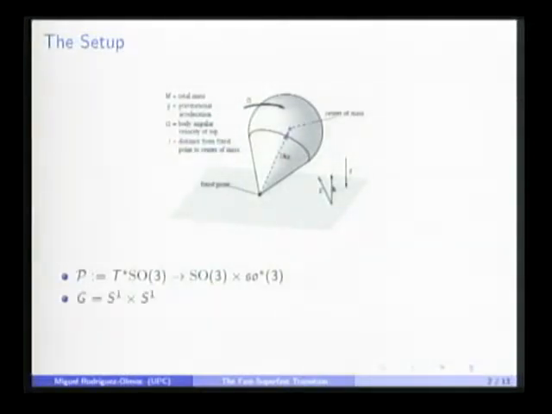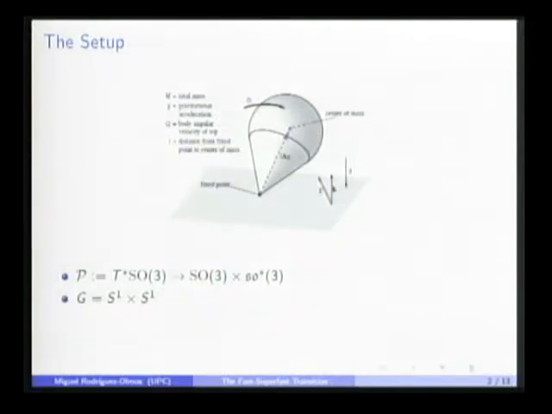Now, because of this axis symmetry and because of the gravity, the group of symmetries of this system is S1 times S1. The left S1 acts on the left of the configuration or attitude space SO(3), and this corresponds to the breaking of the SO(3) rotational symmetry by the gravitational field.